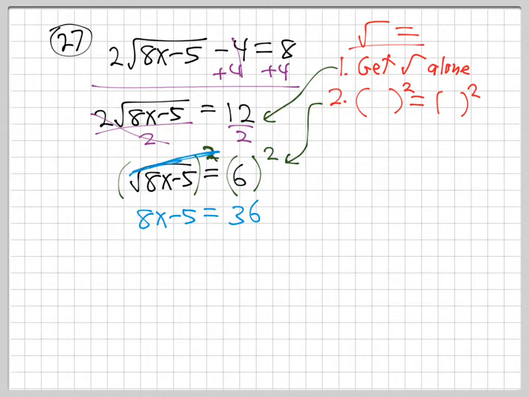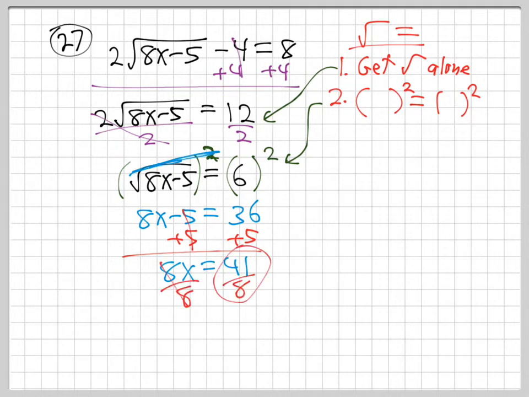See how it cancels on the left side, but it actually squares on the right side because the root canceled it on the left side? And now we just finish solving. Just add the 5. 8x is 41. Last step, divide by 8. There it is. Is that good?